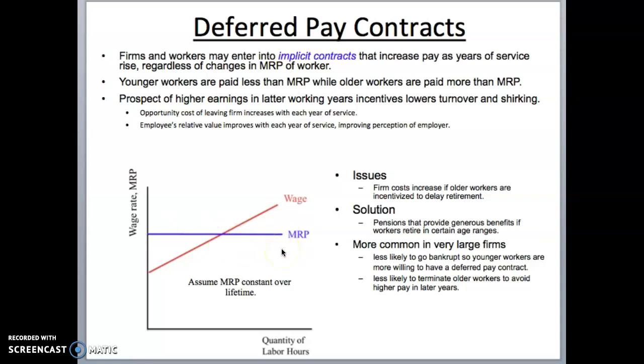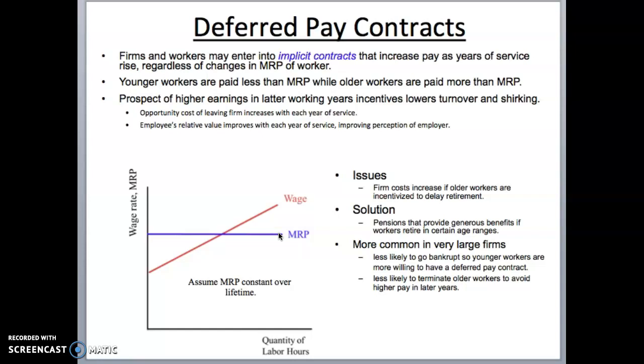Now, what's an example of this? Well, you do see these kind of deferred pay contracts in a lot of professions, like higher level professions, accounting, attorneys, doctors, where you'll see these young people, they come out of maybe law school and they get paid a low wage. They go to work for a big law firm and they're paid very low compared to what they're generating for the firm. And they're sitting back and they're watching these older workers barely do anything that are earning a high wage, and they're just kind of hanging around the office, not doing anything.